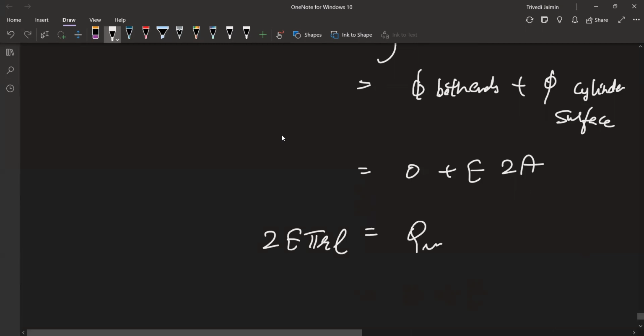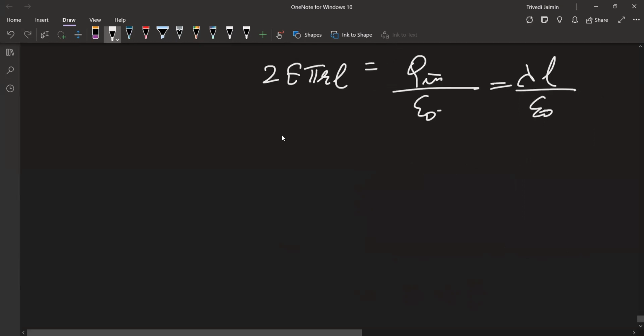Q inside by epsilon naught equals lambda L by epsilon naught. E equals lambda by 2 pi epsilon naught R.